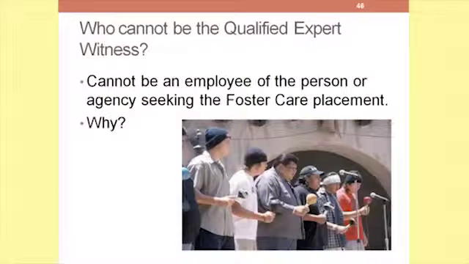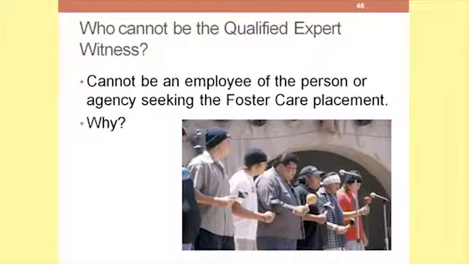If someone from the agency that's seeking the placement came and served as a qualified expert witness, that doesn't satisfy this extra layer of evidence that the court needs in order to determine that this foster care placement or termination of parental rights is appropriate in the case involving the Indian child.